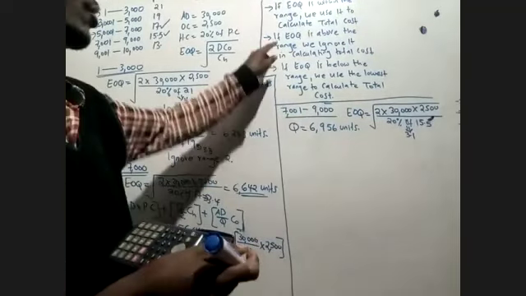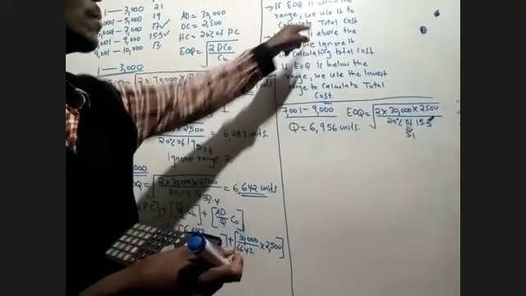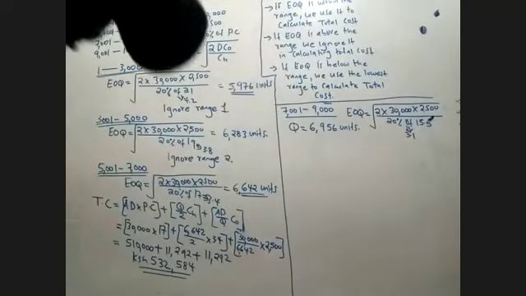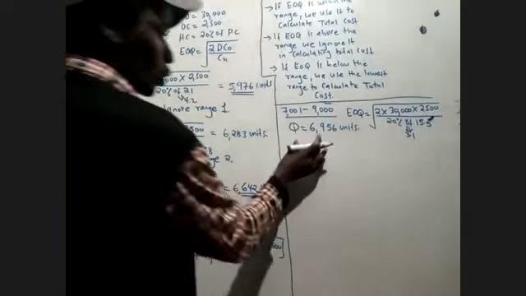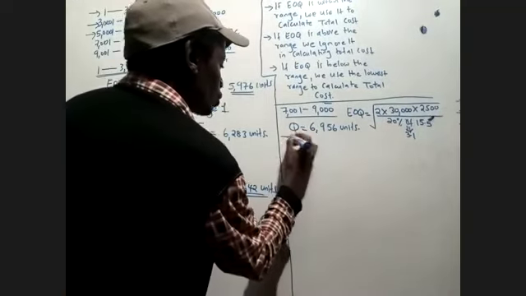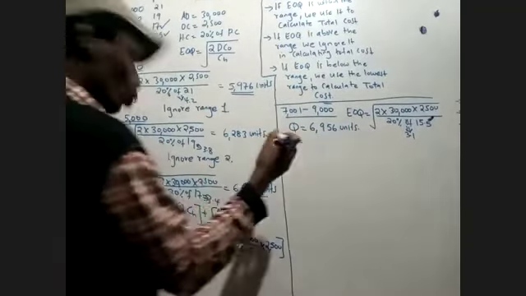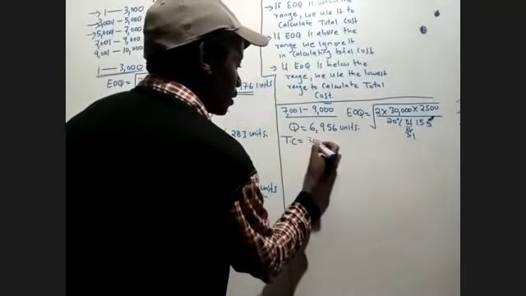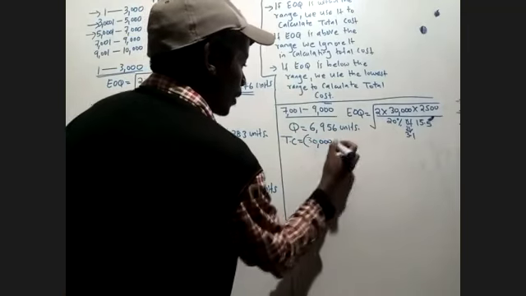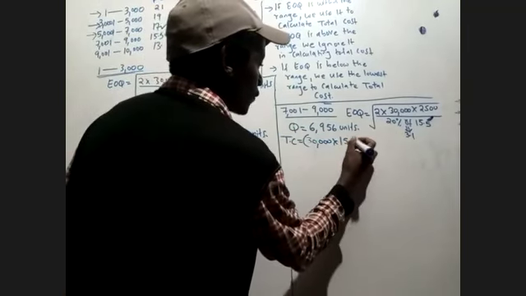Now, if the EOQ is within the range, we use it to calculate the total cost. So total cost is equal to annual demand multiplied by purchase price, which is 15.5.